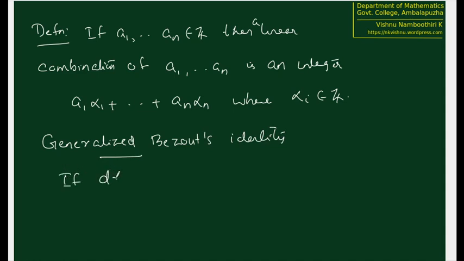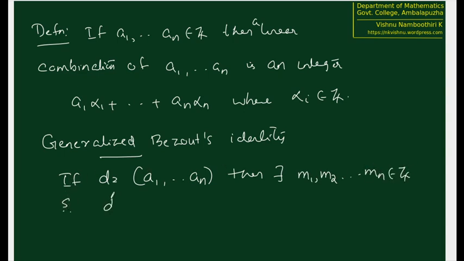If D is equal to the GCD of a1, ..., an, then there exist integers m1, m2, ..., mn such that D is equal to a1 m1 plus etc. plus an mn. This is the general version of Bezout's identity, and verifying this is not very difficult.